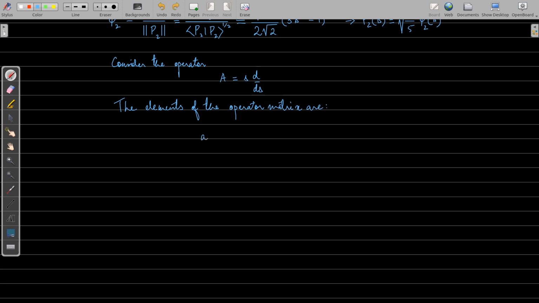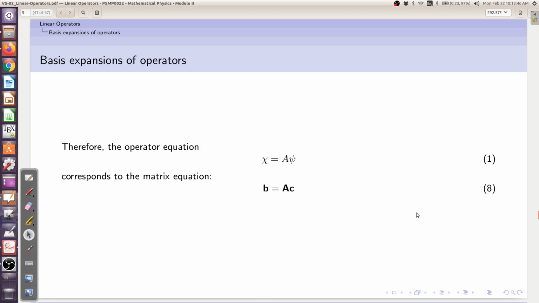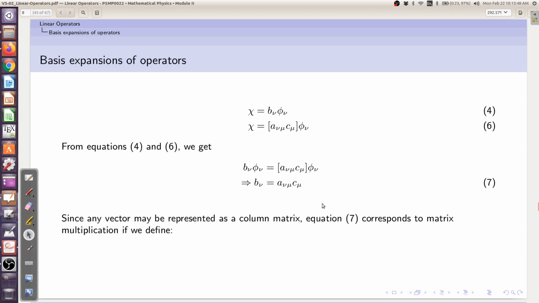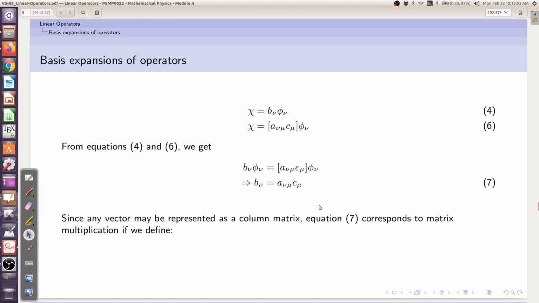So we have A nu mu, which we just saw in the slides is equal to phi nu A phi mu.